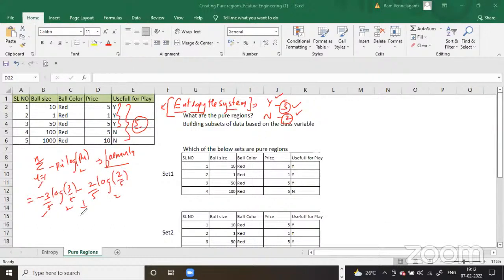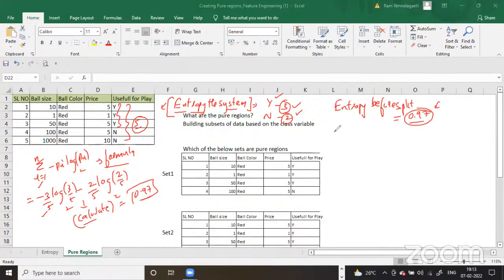When you calculate this, you are going to get a value of 0.97. This is the total entropy, entropy before split. You are not splitting your data. Entropy before split is equal to 0.97.